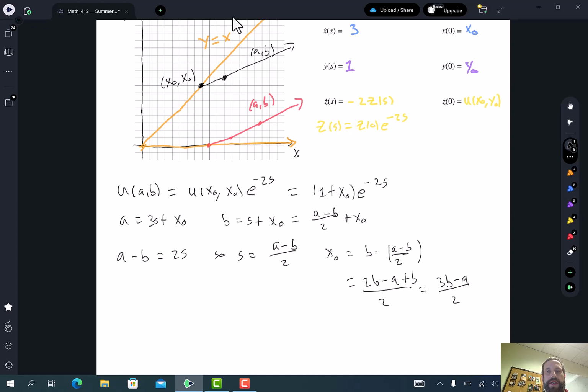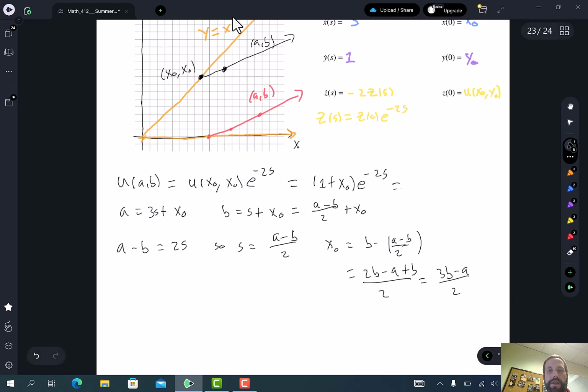So that's what x naught is. So then this is going to be 1 plus (3b minus a) over 2 times e to the minus 2s. So this is going to be e to the b minus a.